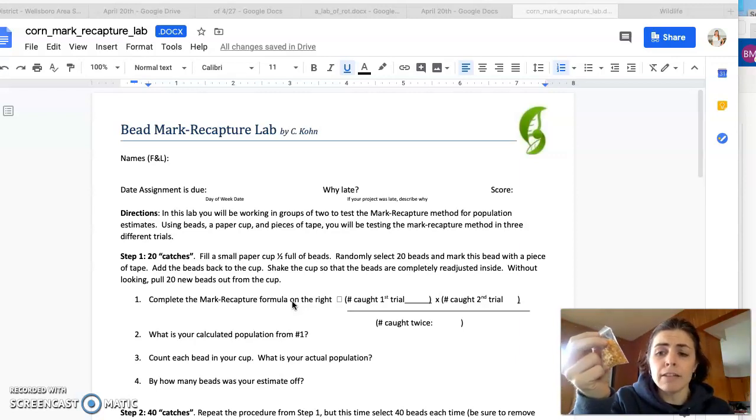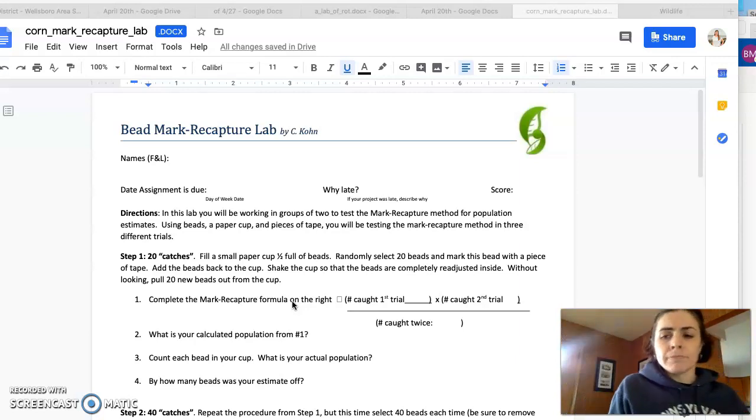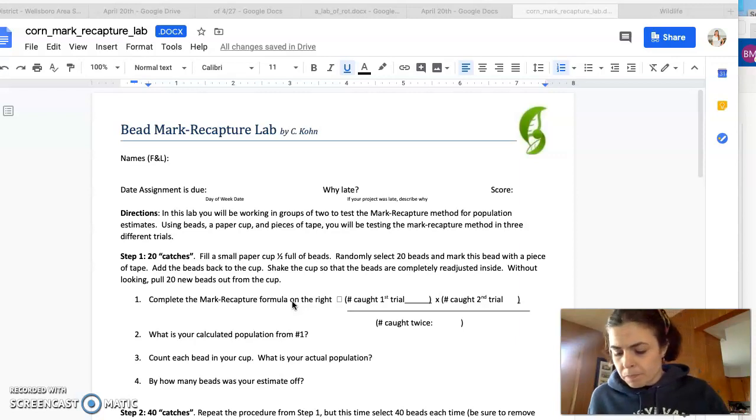And then I'd release them back into the population because I want them to disperse themselves. And then I'm going to catch another 20.